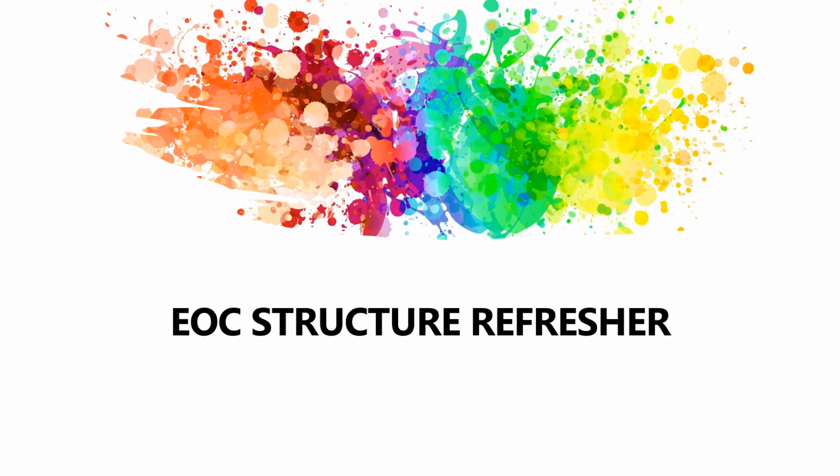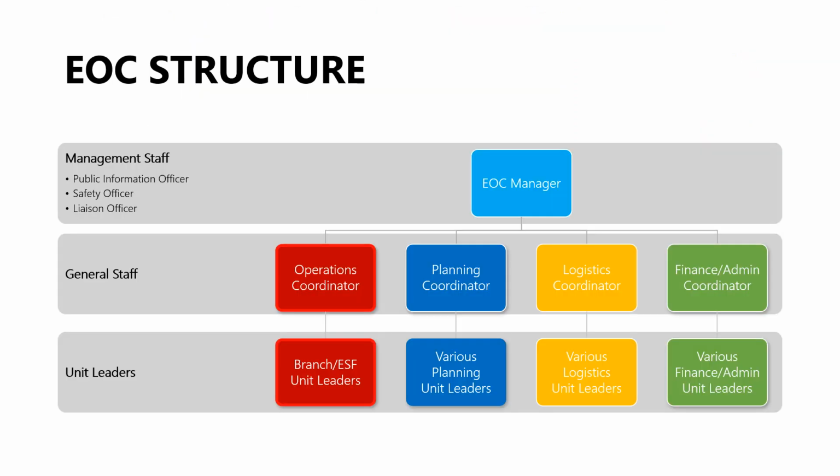So let's do a little refresher on the EOC structure with some of the information we learned within EOC 101. So remember that there are 5 functions within the EOC. We have the management, operations, planning, logistics, and the finance admin sections.